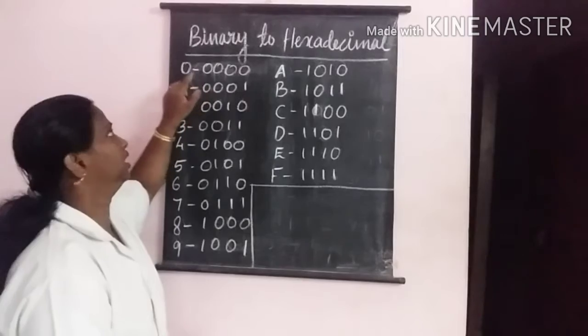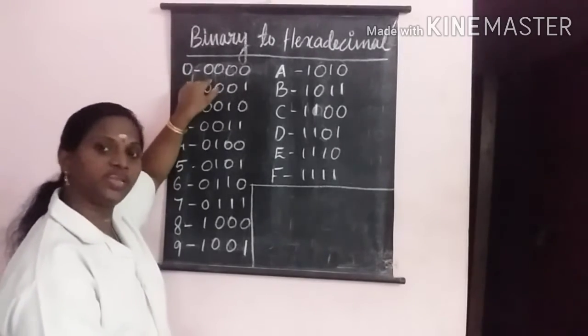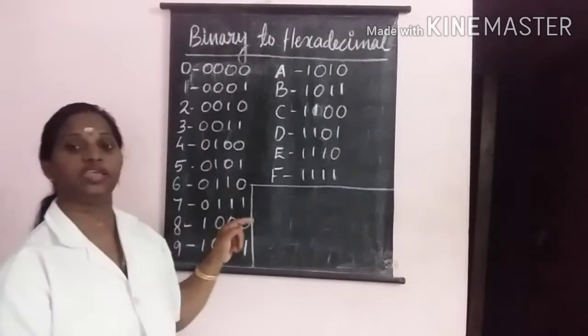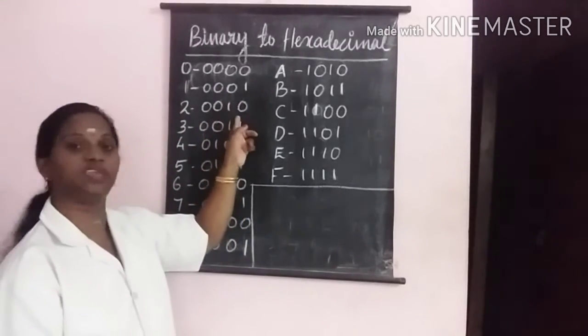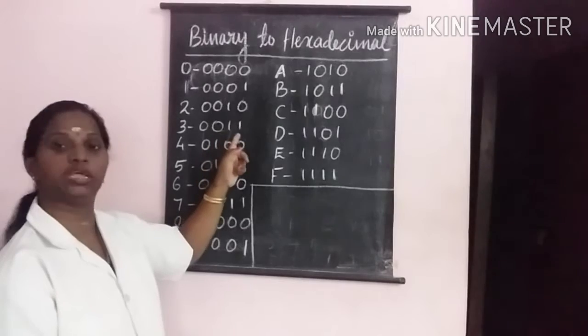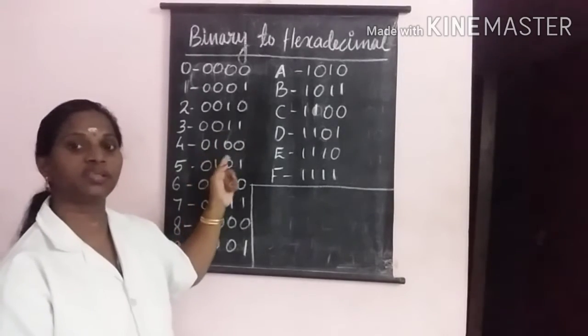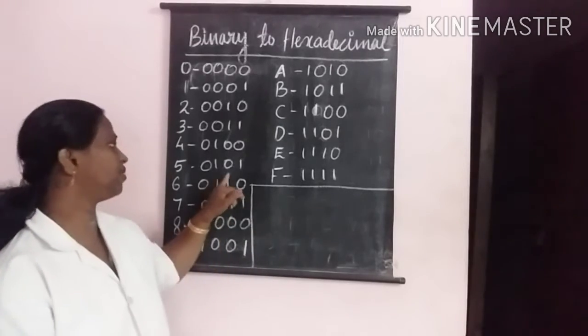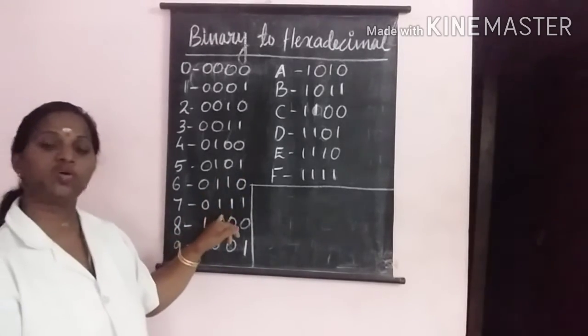That's why here 0 is represented as 4 digits, that is 0, 0, 0, 0. Then 1 is 0, 0, 0, 1, 2 is 0, 0, 1, 0, and so on up to 9, which is 1, 0, 0, 1.